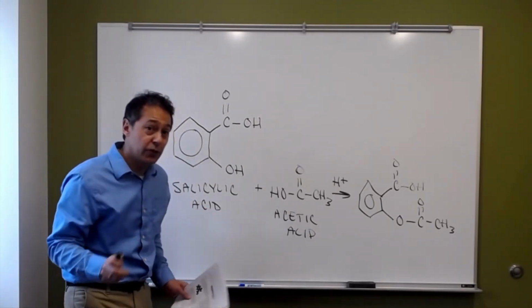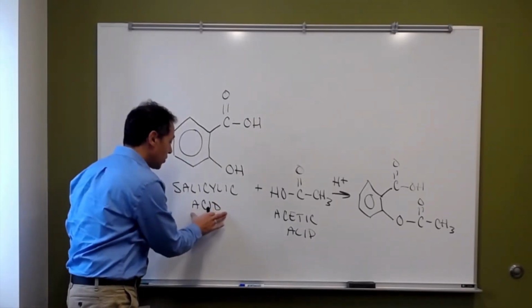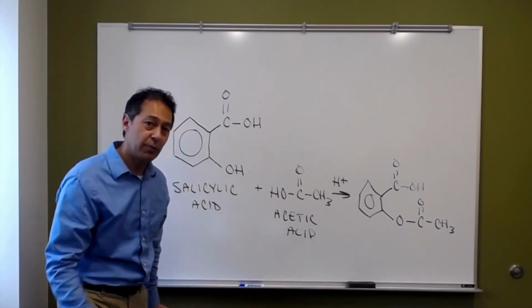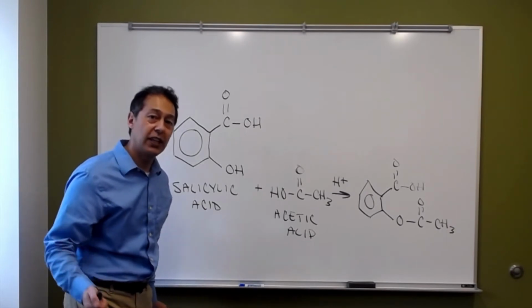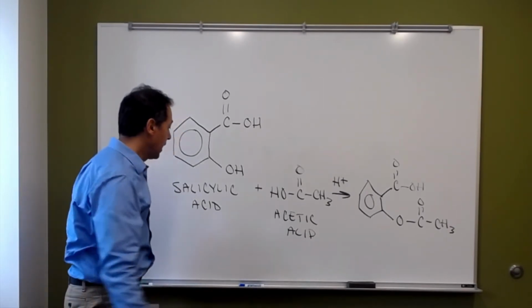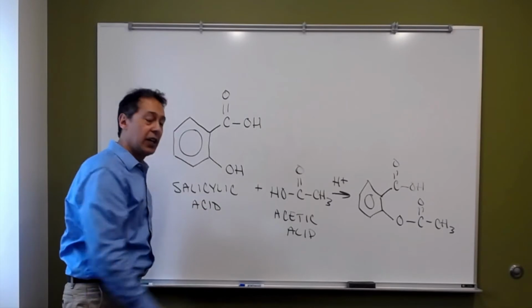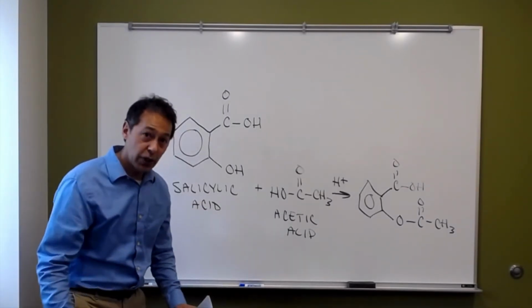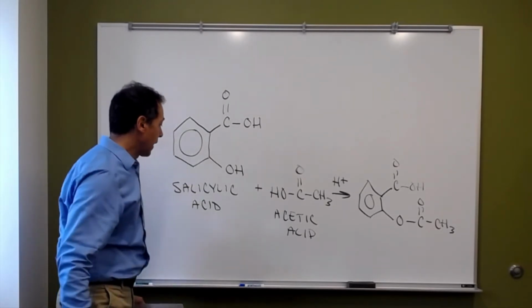Maybe you've heard of this, maybe you haven't, but salicylic acid is a molecule that's found naturally in the meadowsweet plant. It's also found naturally in the willow bark of a tree, and it is a mild analgesic. That is to say that it is a pain reducer. It is also a fever reducer.